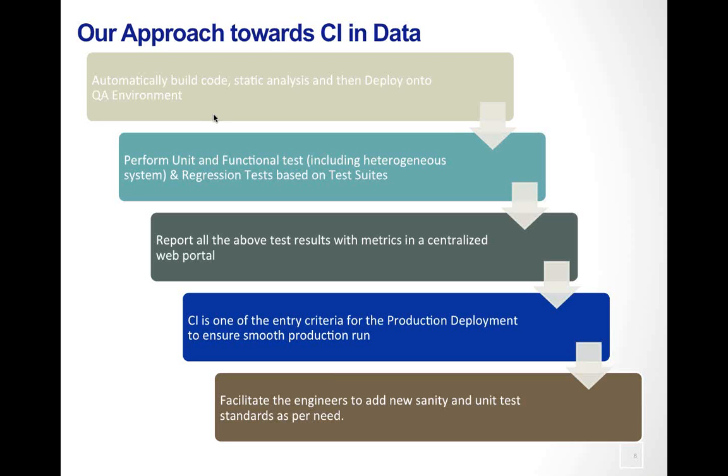Once we have the code deployed and the necessary tests run, with all the test reports being generated and all the errors or bugs being fixed, the teams or engineers can get an idea about this from the results metrics dashboard. I will also show you this in detail in the upcoming slide.